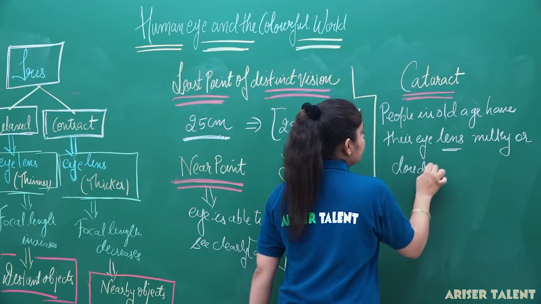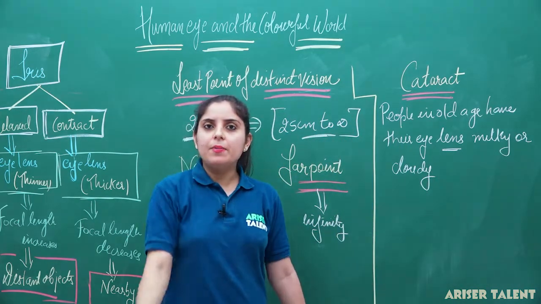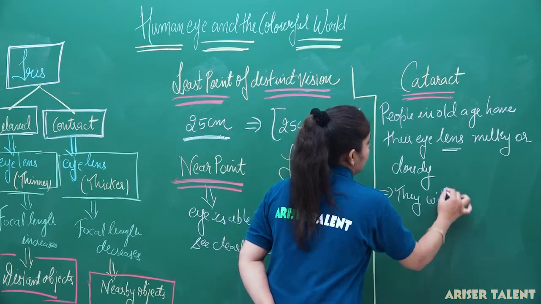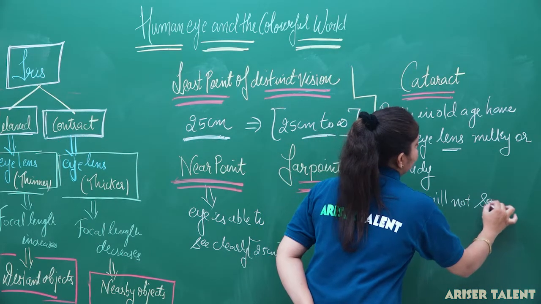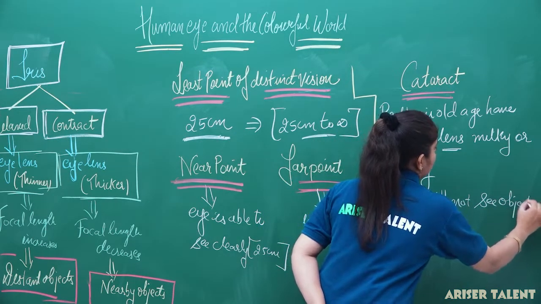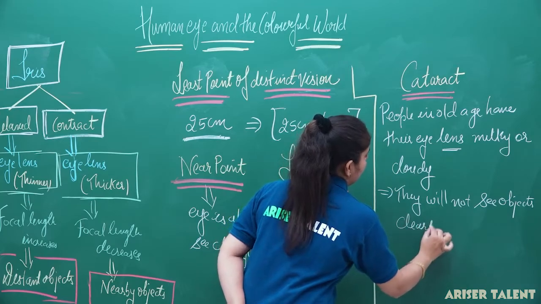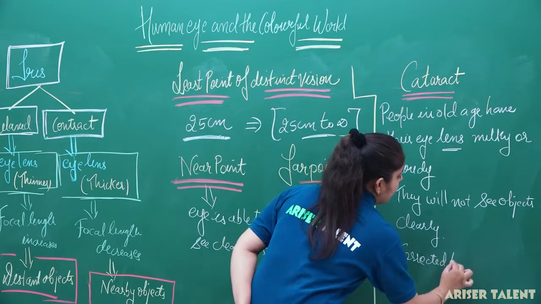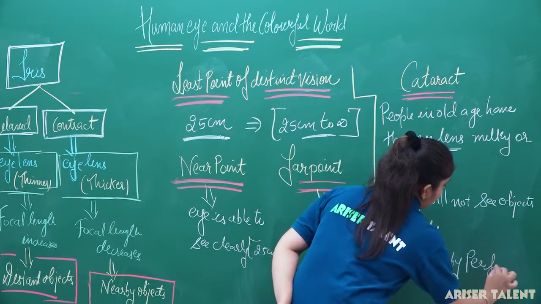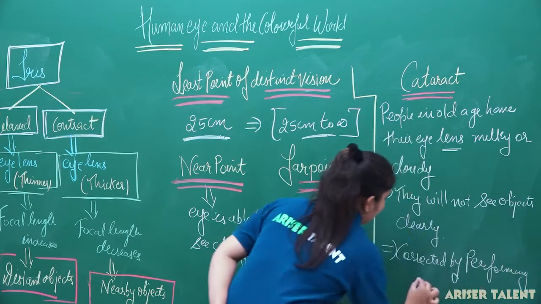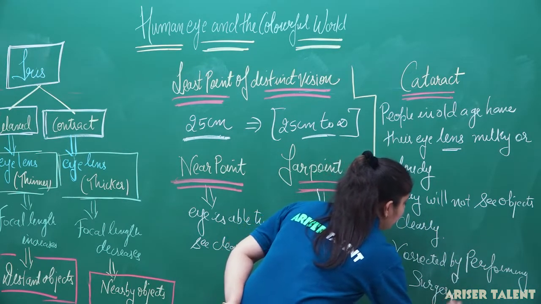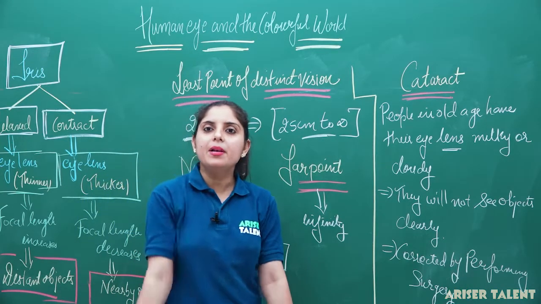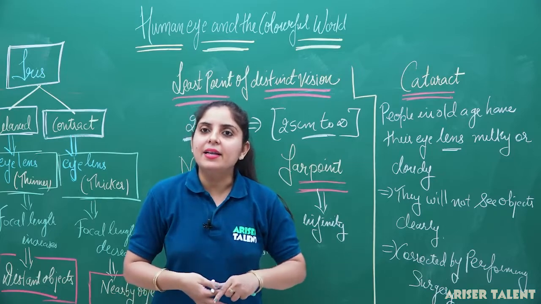It means they will see things blurred. If the eye lens becomes milky or cloudy, they will not see objects clearly, and this can be corrected by performing a surgery known as cataract surgery. So when people in old age see things milky and cloudy because their lens becomes cloudy, this condition is known as cataract.